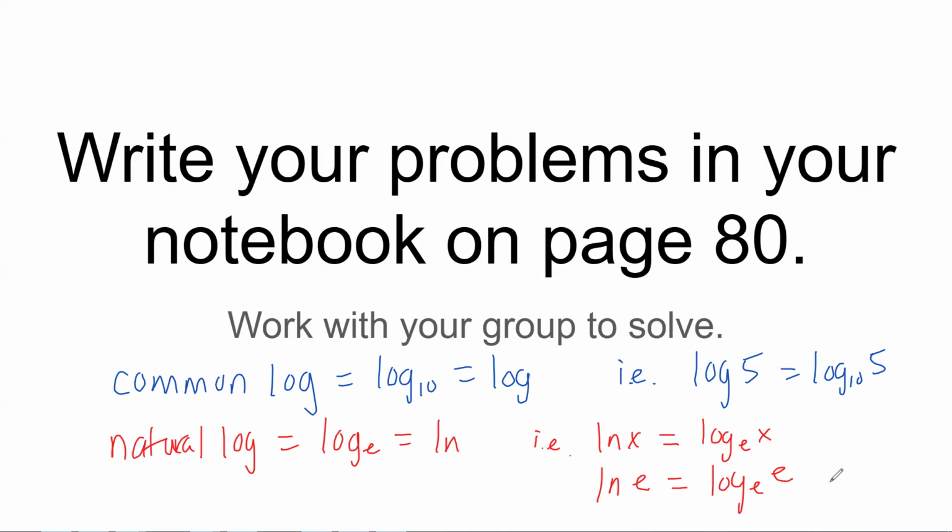They equal what? 1. If the base and the argument are the same, they equal 1. So a natural log of e automatically equals 1. So anytime you see that, it automatically equals 1. Okay. So these are like your little hints to get you going for the activity.